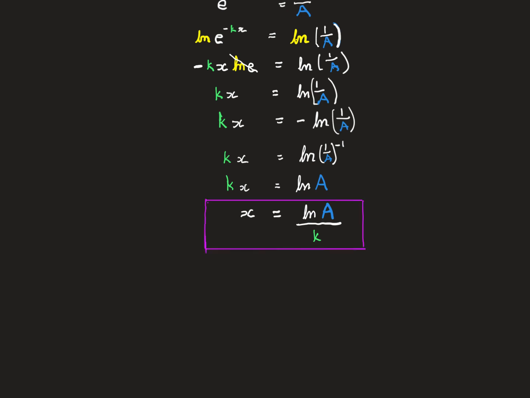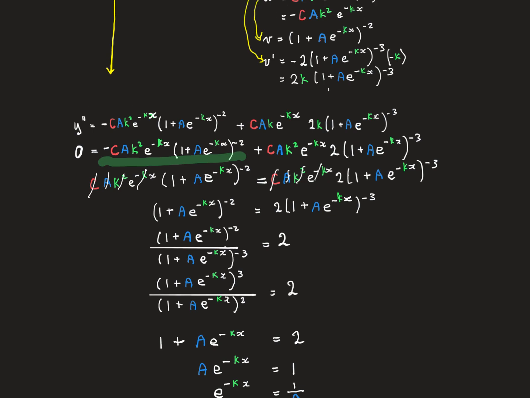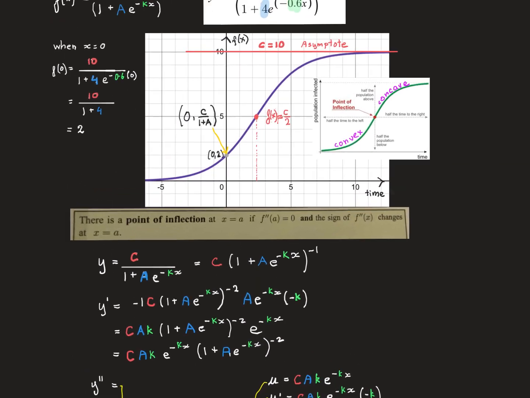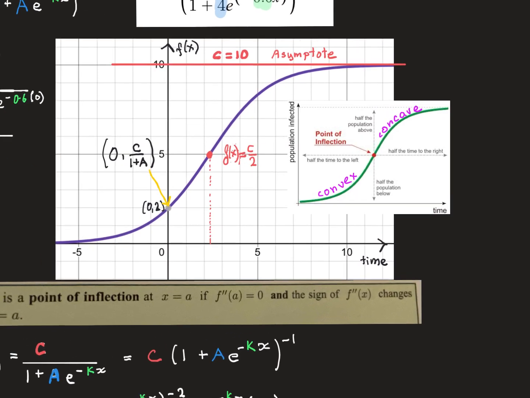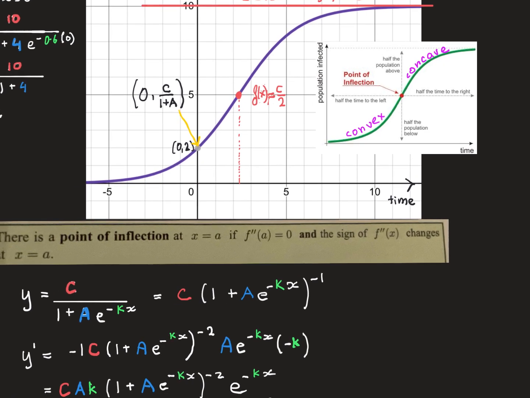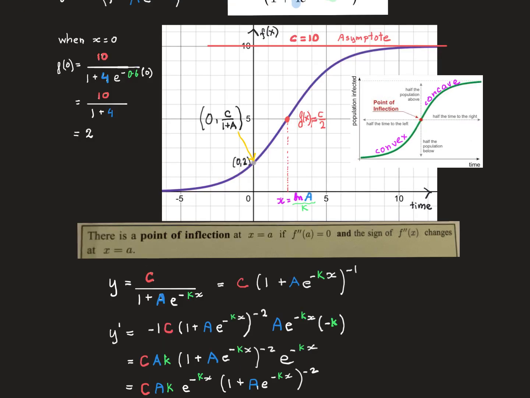And so to answer your question from above, we now know that the value of x here is ln A over k. And in our case, in our example, x is going to be ln 4 over 0.6.